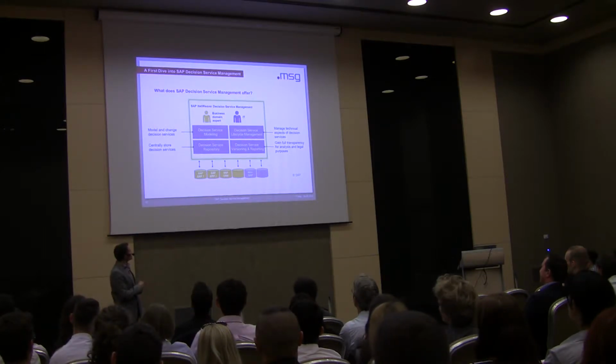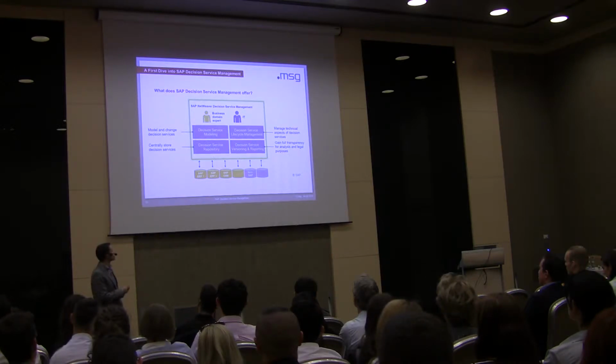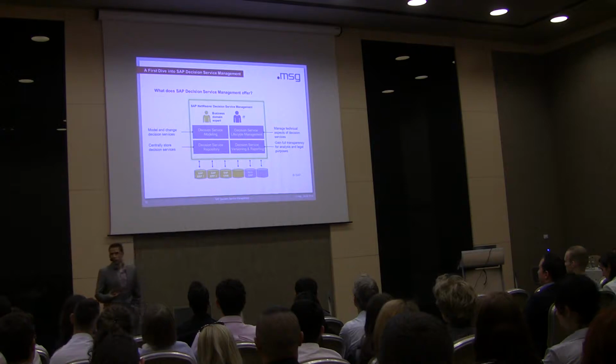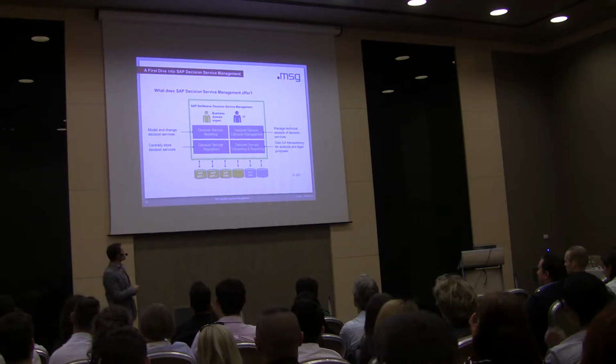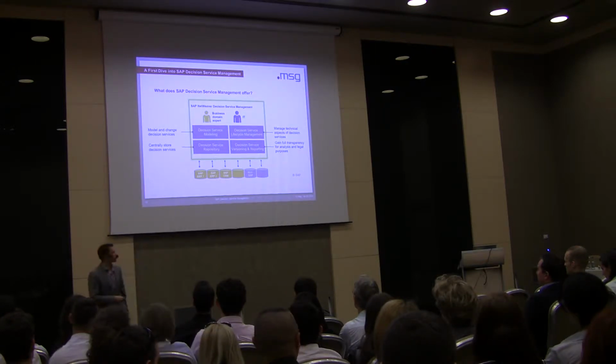So this SAP Decision Service Management is built up within 4 components that are somewhat split up. 4 components for the business domain expert and components for the more or less IT. The business domain expert has some decision service modeling. He has a modeling environment where he can model his decisions. That's BRF Plus. He has some repository of the decisions, where the decisions are stored within the Decision Service Management, also BRF Plus.